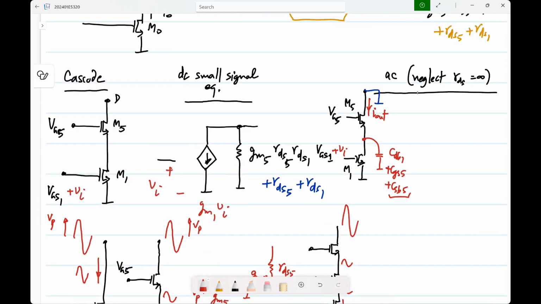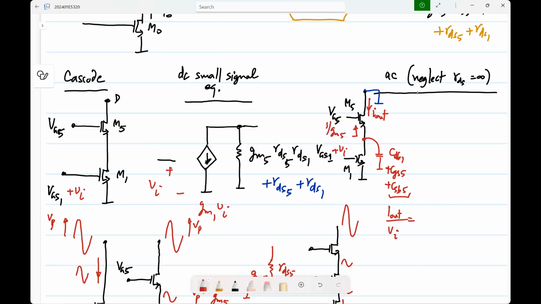So, what is the impedance looking up that way? 1 by gm5. So the current will be split between gm5 and the admittance of this capacitor. So what will be Iout by Vi?